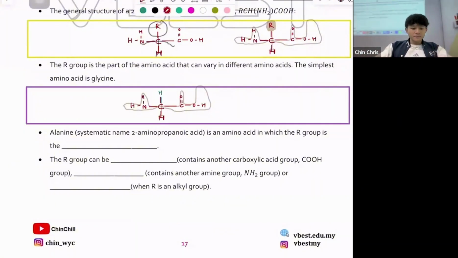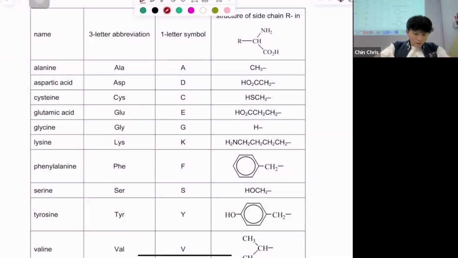All right, guys, next, alanine. You see alanine, the R group is a CH3, right?